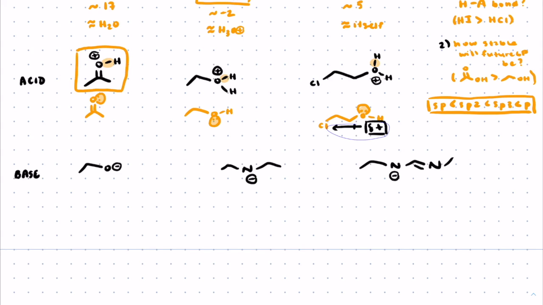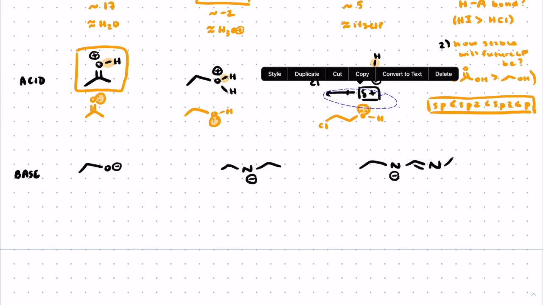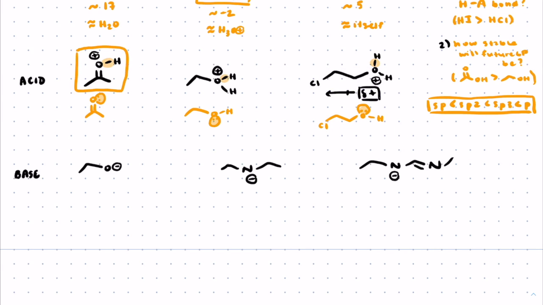So what happens is, sorry, this would have been more useful to you if I put it up here. We get rid of one of the bonds to hydrogen, we donate a proton, and now we have a lone pair to relieve some of that positive strain that the chlorine is putting on the right side of the molecule.